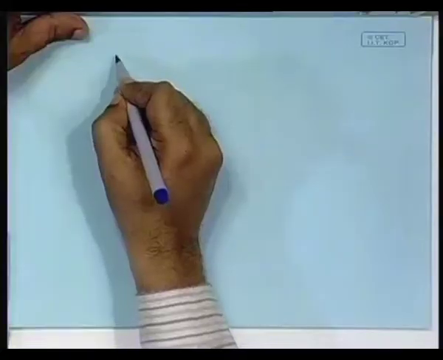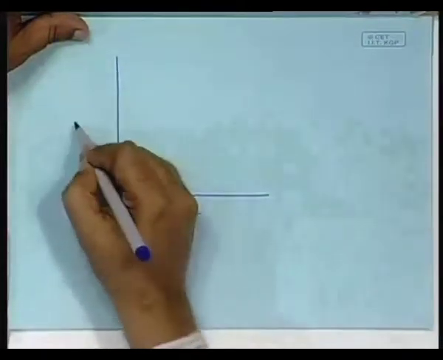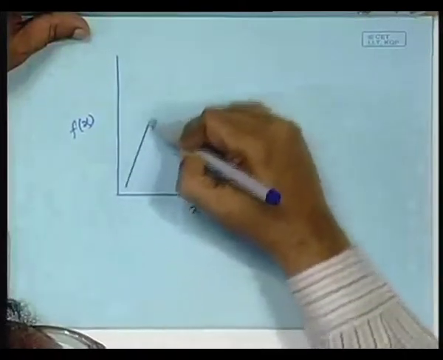Yes, it is possible to do that in some classes of systems, but before that let us try to understand something, a very interesting and important concept. Suppose you have a map something like this, say x here, f of x there, and the map is like this.